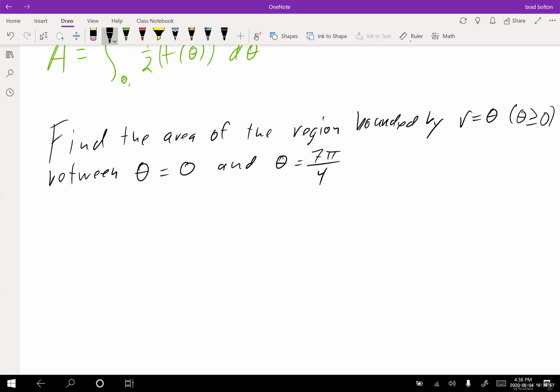So in this problem, they gave us the angles where we're looking, and in another problem, they may ask us to find them. So I'm just going to use my formula.